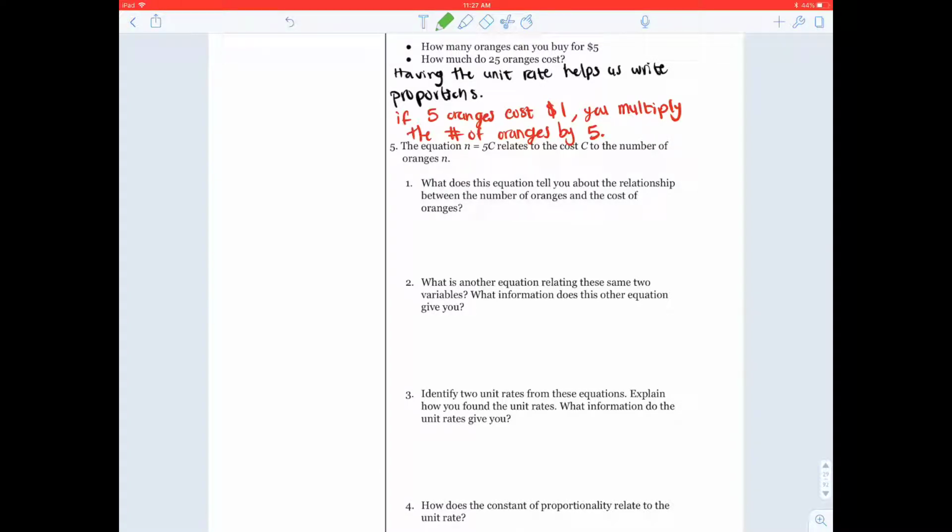So in the left column over here, let's write our equation: n equals 5 times c. Well, what does the letter n represent? Hopefully you said n represents the number of oranges. Okay, what does c represent? Well, c, hopefully you said, is your total cost.